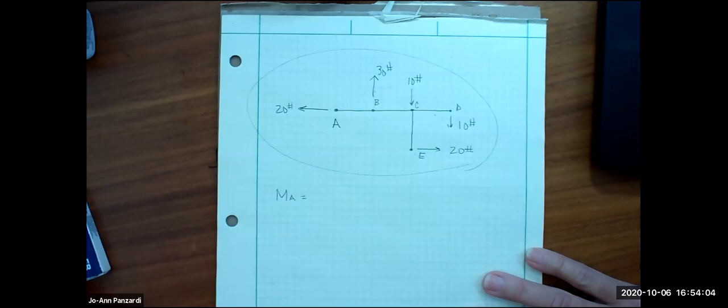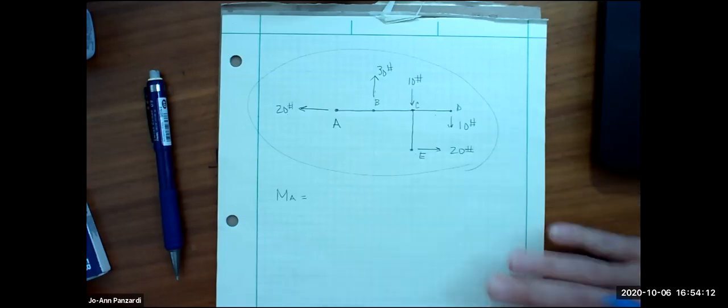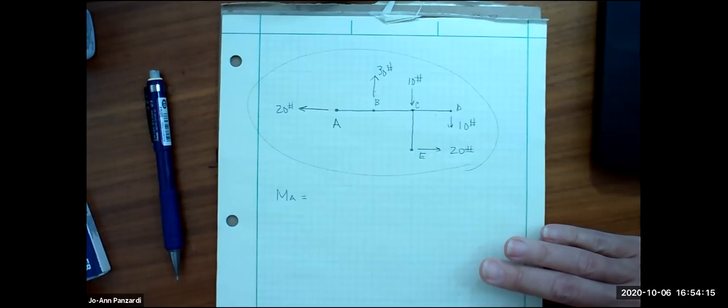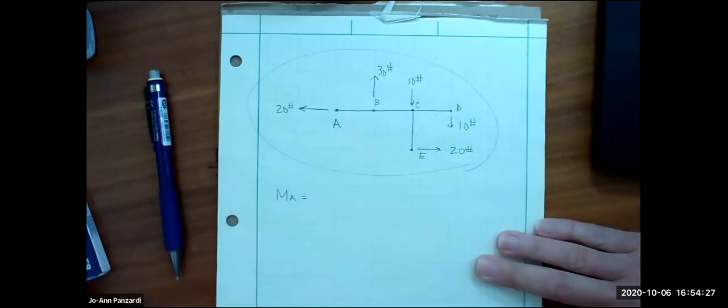So, Peter, can we break any of these into couples to simplify the problem? You could make A through A, B, C, D one, and then C and E another one. Okay, talk about the forces, not the beam, not the bracket.